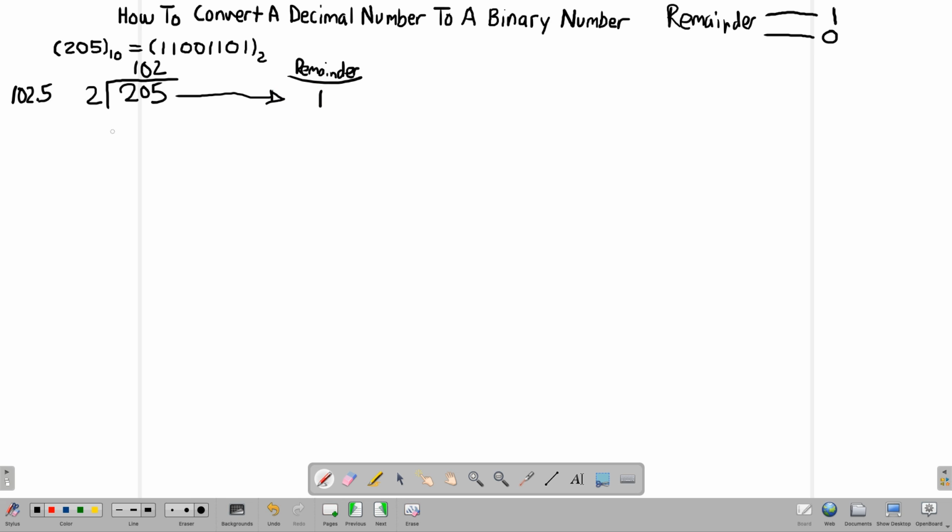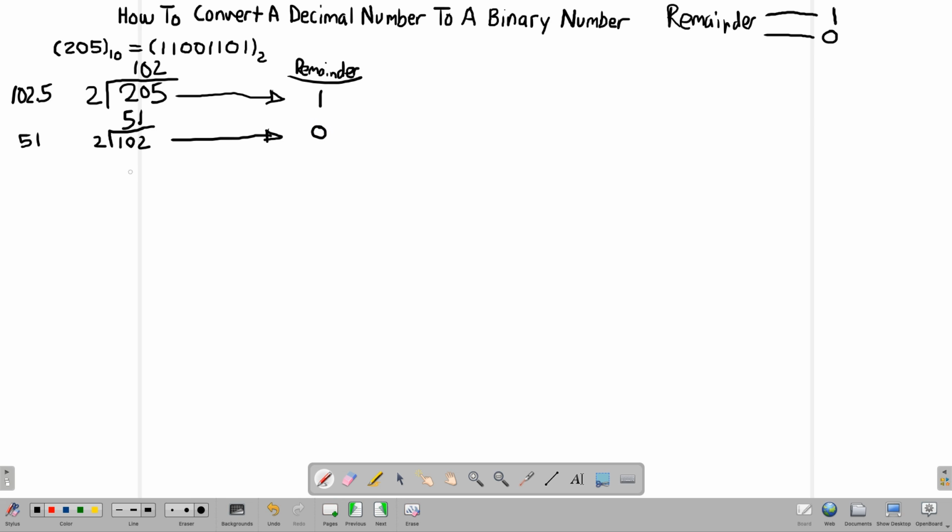All right. So next we take the value 102 and divide 2 into it. 102 divided by 2 equals 51. And in this case, there's no remainder, so it goes in evenly. So this is 51, and since there's no remainder, we have the value 0.